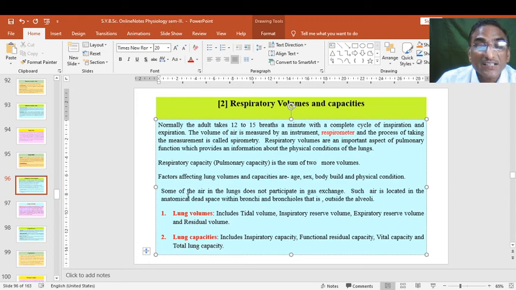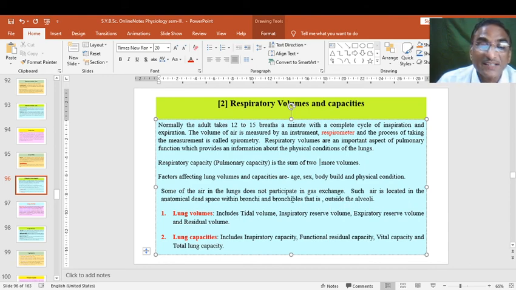Some of the air in the lungs does not participate in gas exchange. Instead of passing in and out, it stays, or we can say waits, as a reserve in the respiratory passage. During exchange, such air is located in the anatomical dead space within the bronchi and bronchioles, that is, outside the alveoli.